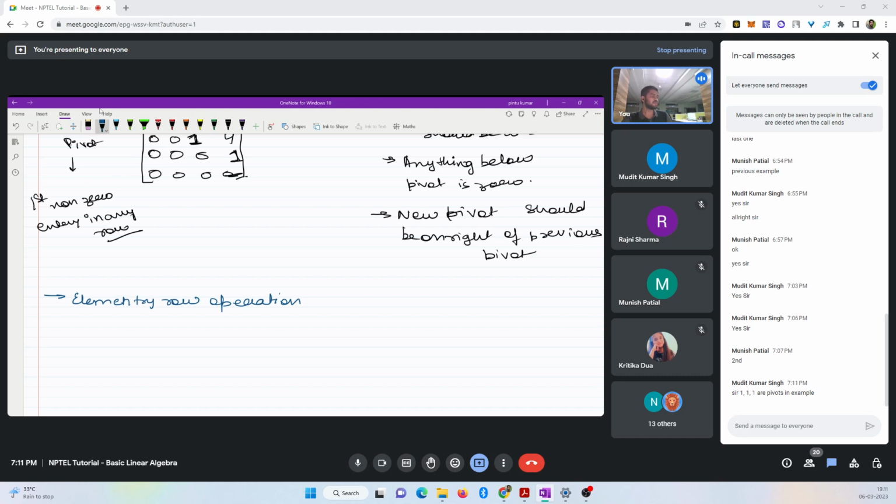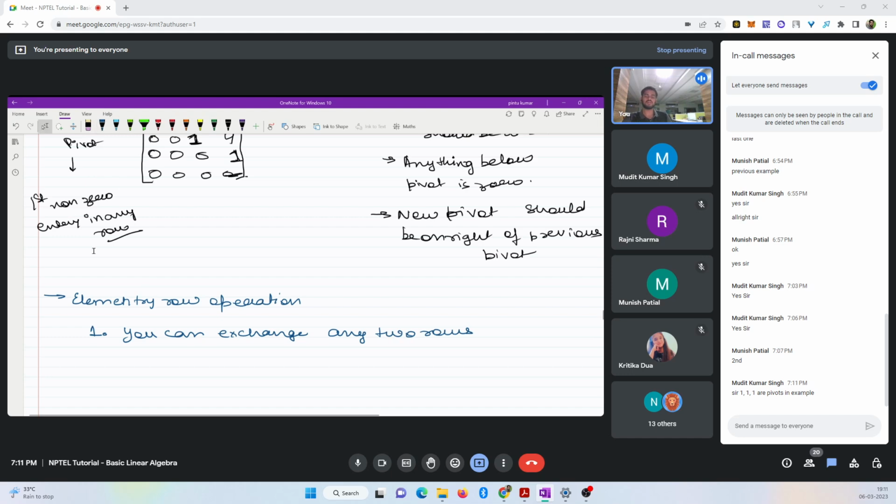Yes, 1, 1, 1 are pivots in this example. So what is an elementary row operation? There are 3 rules in elementary row operations. First one is you can exchange any two rows.